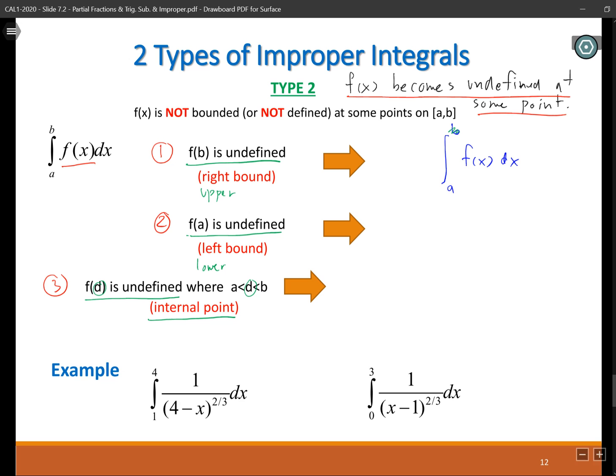Alright? So, since this is a problem, we cannot put this value right into the integral. So we have to do something with that. So in this case, let's change this b to something else. Alright, so we are going to change this b to, I would say, c. And let's take a look here. This whole range from a to b.